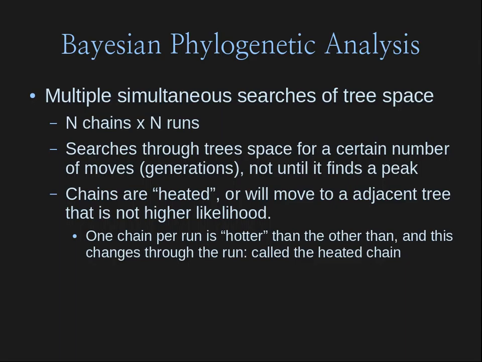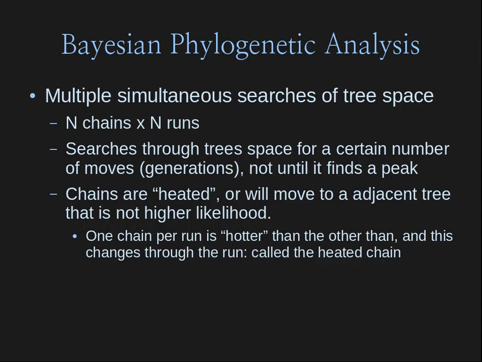certain probability, depending on this heating parameter, of how likely we are to accept a worse tree or move to a lower space in tree space. This helps us from getting stuck at some local maximum. What you want to be able to do is move around somewhat and keep sampling tree space. The heat of the chains allows you to do this. The hotter the chain is, the more likely it is to move downhill or accept those.